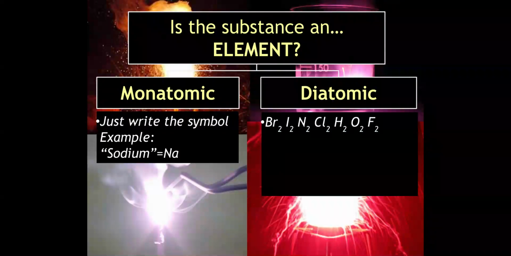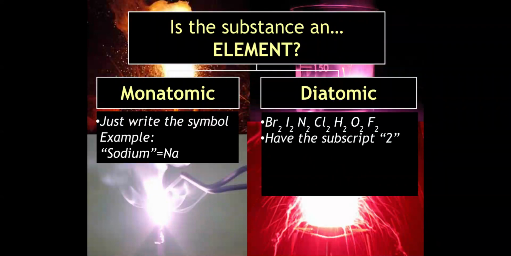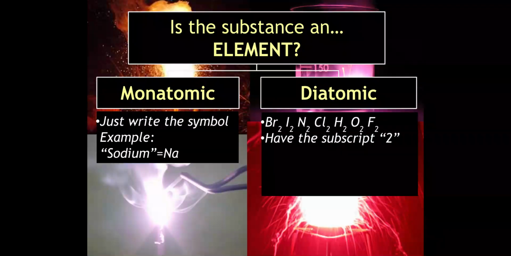So if you find column number or group number 17, you'll see Br and I and Cl and so on. These are diatomic elements. I didn't say this, but diatomic, the di just means two. Okay, there's two of it.